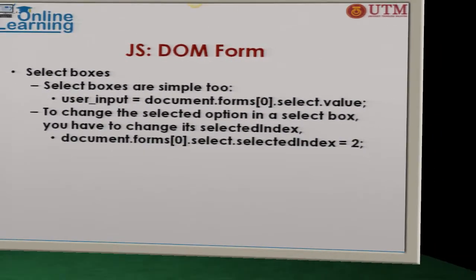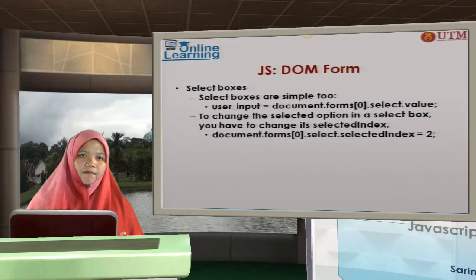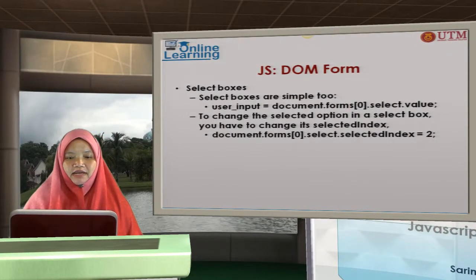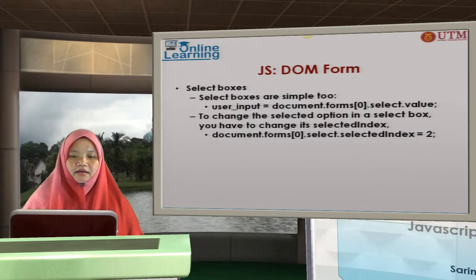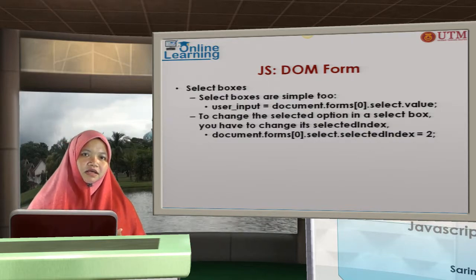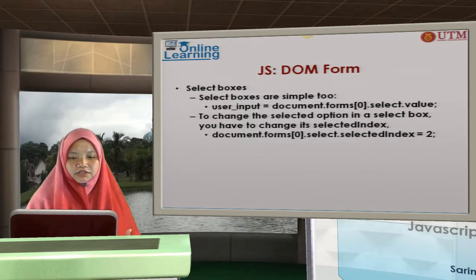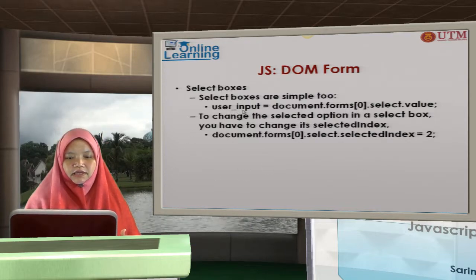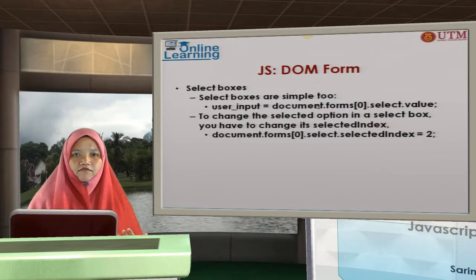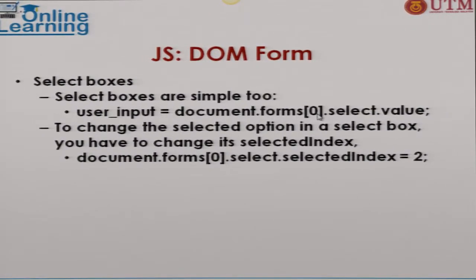The next thing you have to know in DOM form is how to select the boxes. How you can select the boxes is very simple. You just use user input equal to document.forms.select.value.